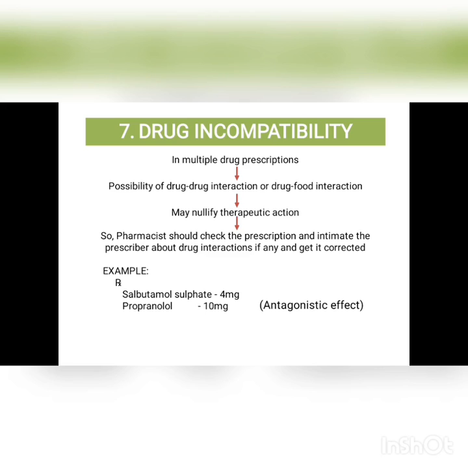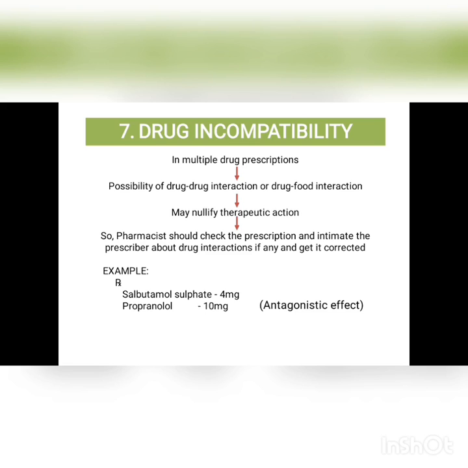Here there is an antagonistic effect. There are two types of effect, antagonistic effect and synergistic effect. Antagonistic effect means the combined effect of two drugs is less than the effect of either drug alone, because the second drug may either diminish or cancel the effect of the first drug. So there is a loss of therapeutic action.